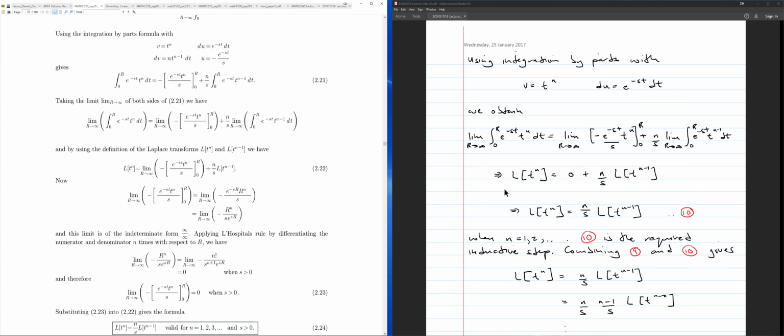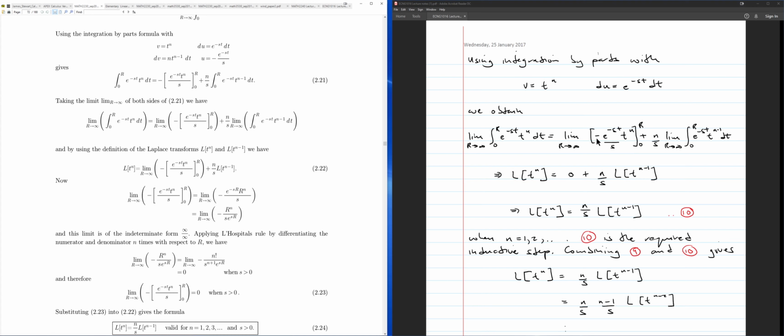Okay, so I have this limit over here of minus e to the minus st t to the n on s, evaluated at 0 and r, which is this expression here. When you put in t equal to 0, you're just going to get 0 here. So the only thing non-zero is when you have r in it.